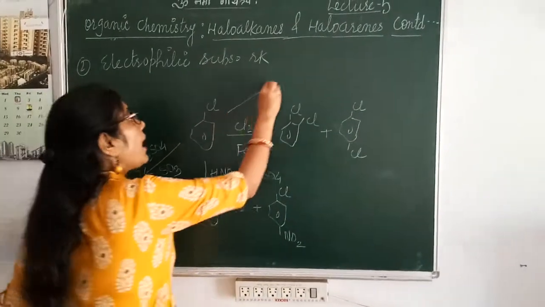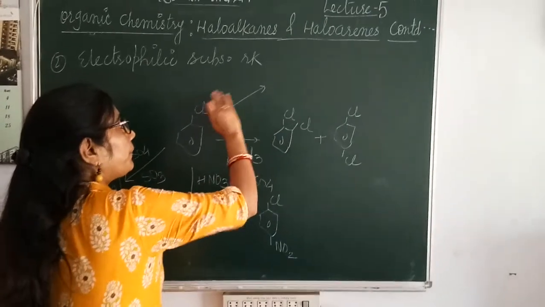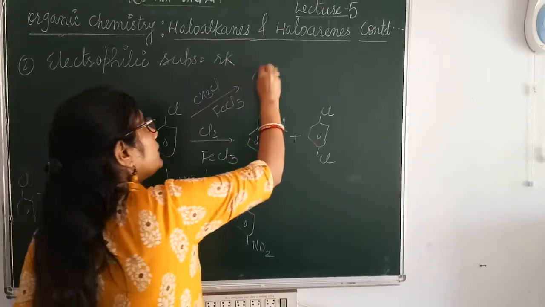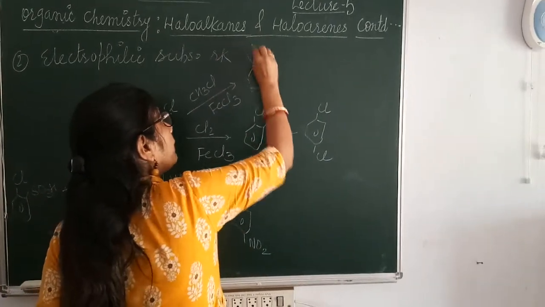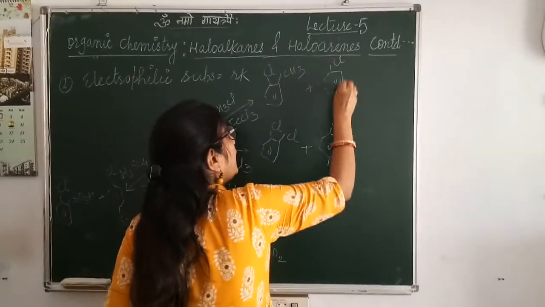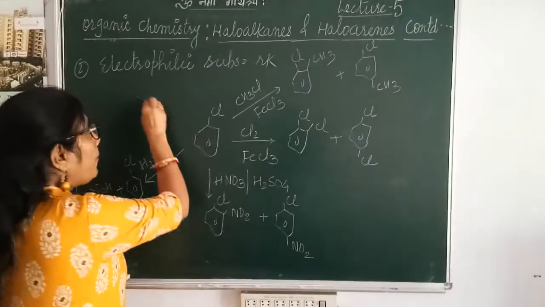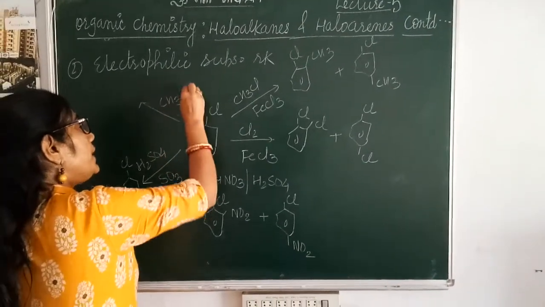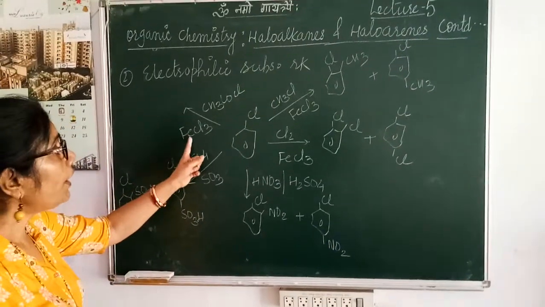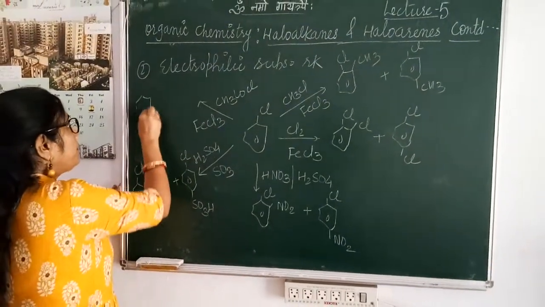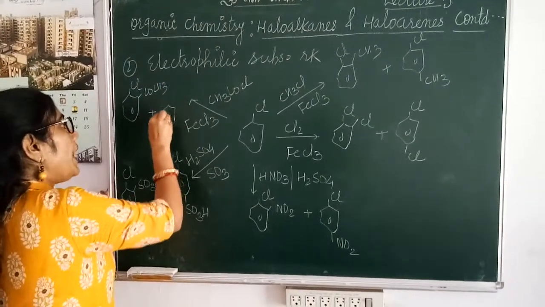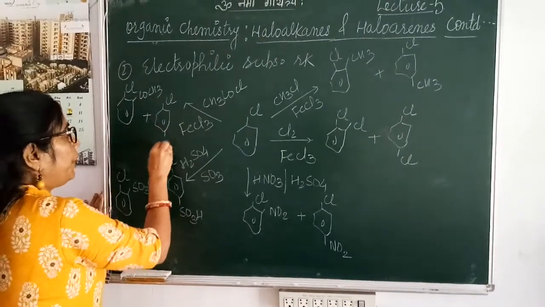And then Friedel-Crafts alkylation and acylation. In this case, upon alkylation, ortho and para chlorotoluene, and upon acylation, CH3COCl in presence of FeCl3 or anhydrous AlCl3, ortho and para chloroacetophenone.